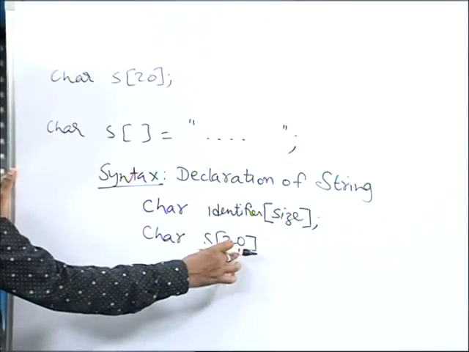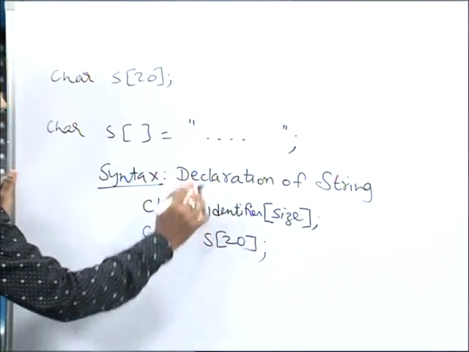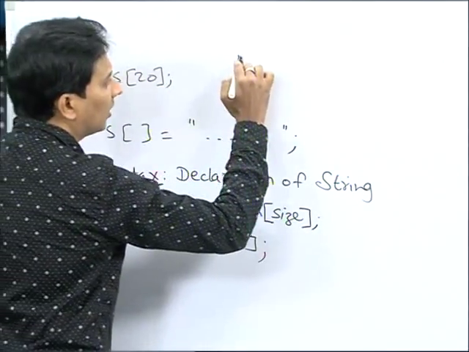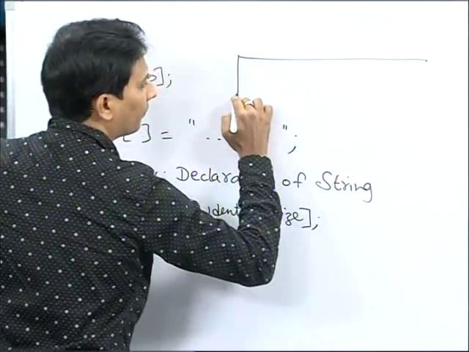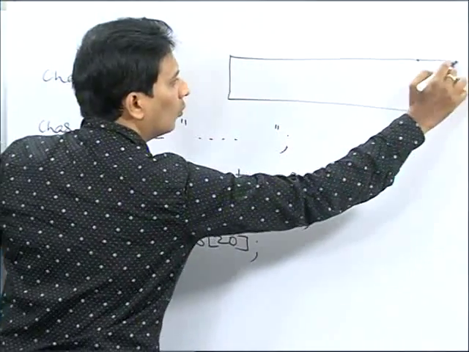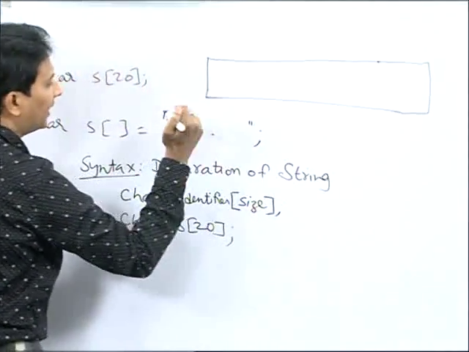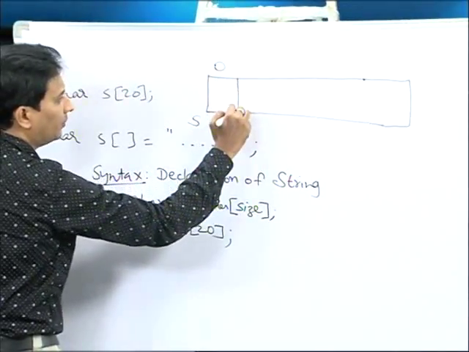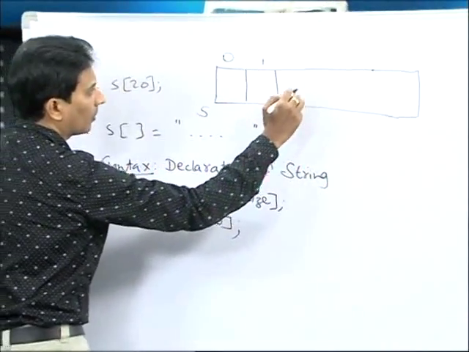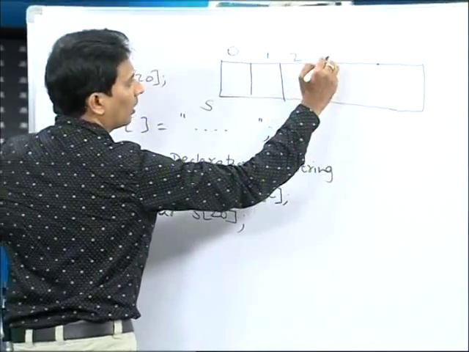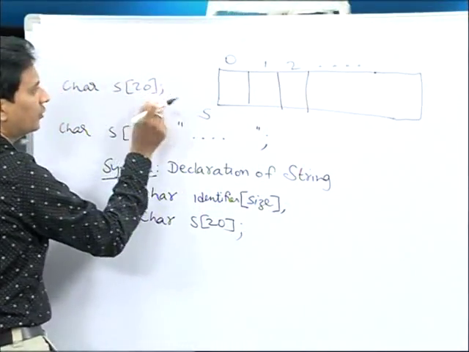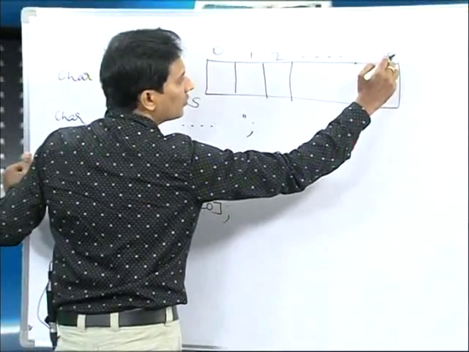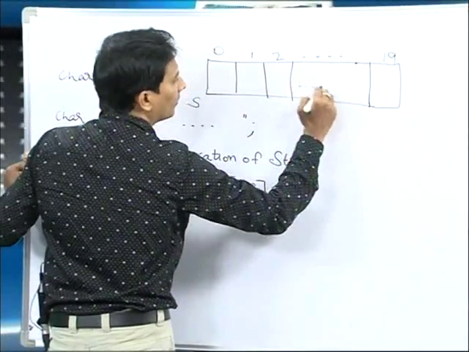The moment we create this string array, meaning character array, one character array s is created. The size is 20, so the index starts from 0 and the last one is 19.